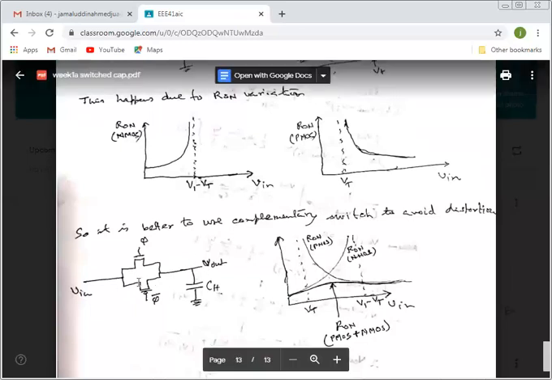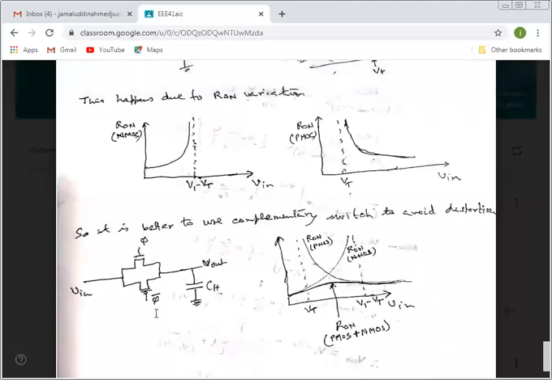So both of them combined will be passing V in to V out, no matter what the value of V1 is. So the resistance will be almost uniform. This part is on for the NMOS, and this part is on for the PMOS. After that, PMOS is infinite resistance. After that, NMOS is infinite resistance.